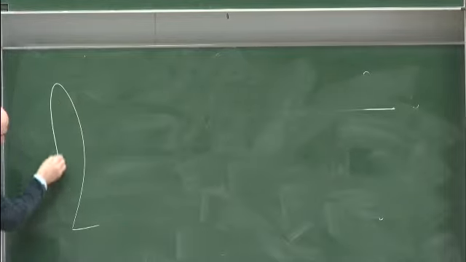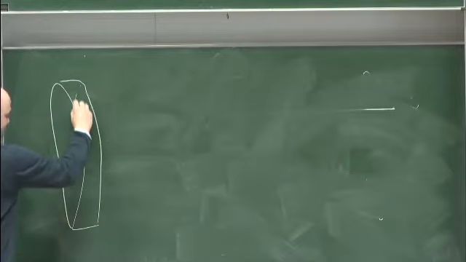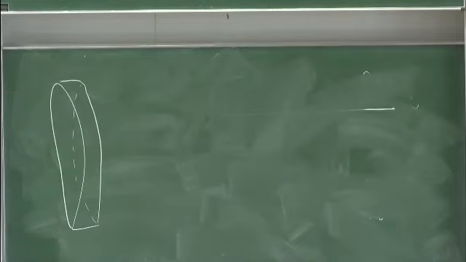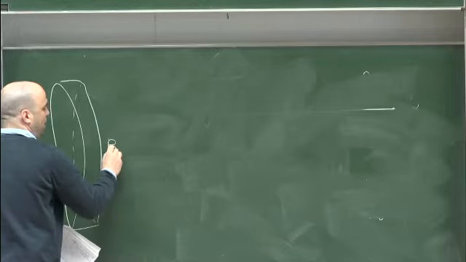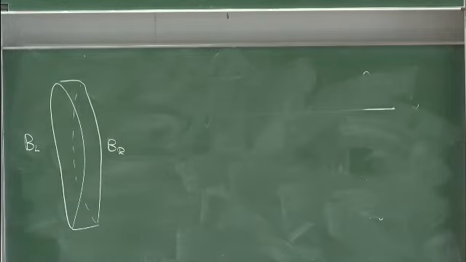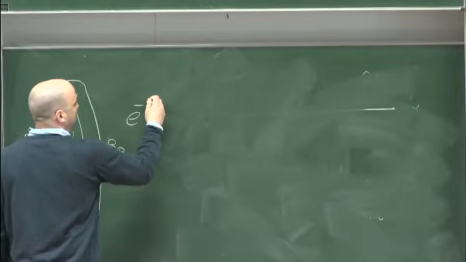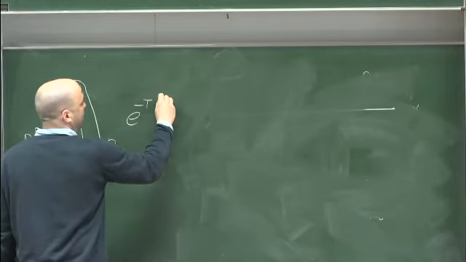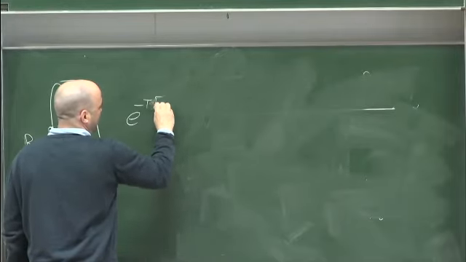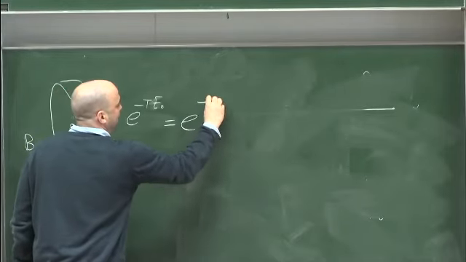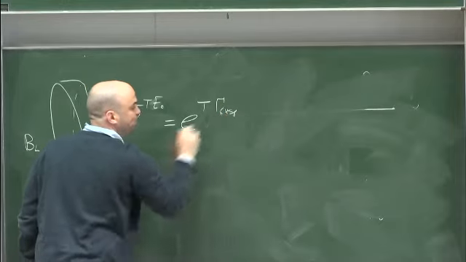We compactify the time direction along a very, very large direction, but now we have a boundary to the left and another boundary on the right. And again, the partition function is given by e to the minus T times the ground state energy, or in other words, is equal to e to the minus T times what we call the generalized cusp anomalous dimension.